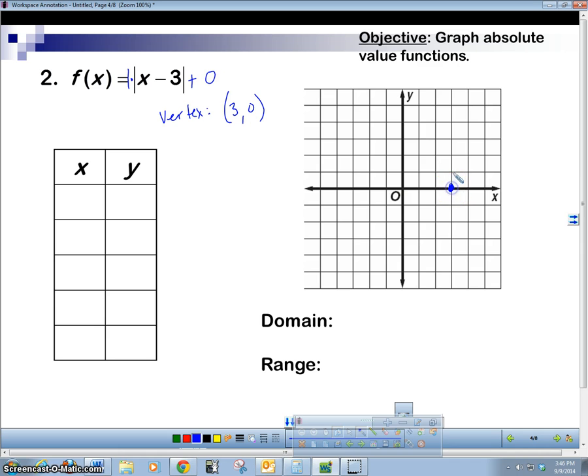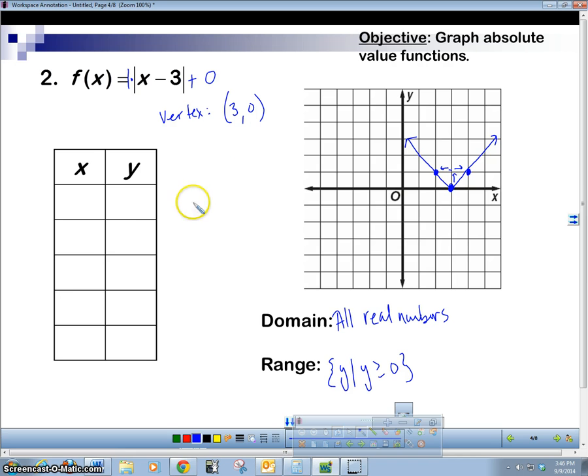So I'm going to go up 1, over 1. Then up 1, over 1. And then I'm going to draw my V. Boom. Done. Domain. All real numbers. Range. Y values greater than or equal to 0. Okay, again, because this is y equals 0, it's all above here.